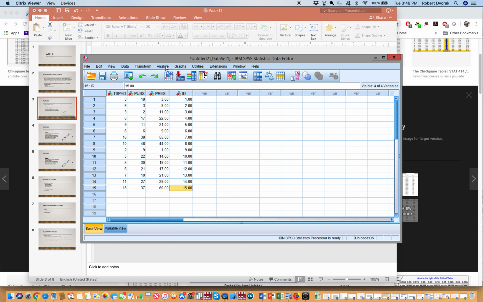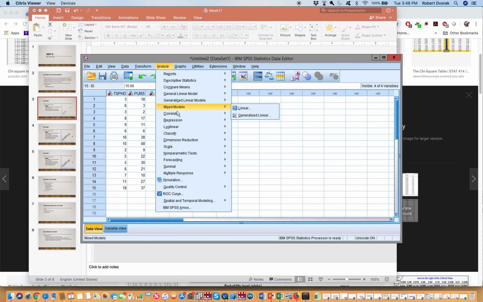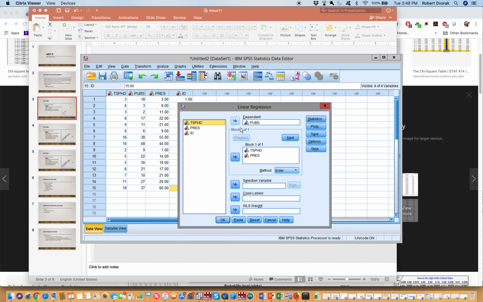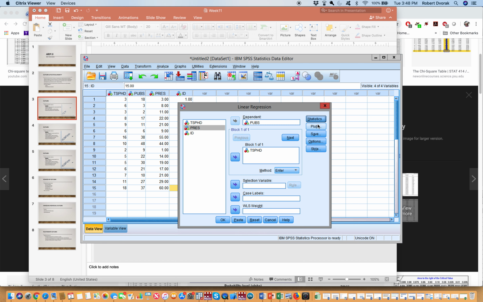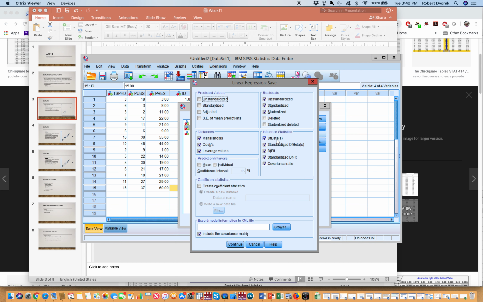Okay, so let's do something. Let's go analyze regression linear. Let's remove presentations. We're going to look at the time since PhD as a predictor of publications. Statistics: we want model fit, R-squared, descriptives, part and partials, collinearity, all of the things that we normally request. Plots we're not going to worry about. Save: for right now, let's save a whole bunch of stuff.